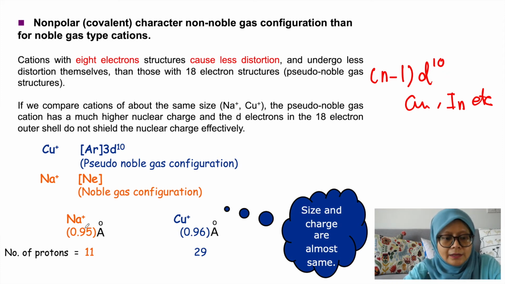As you can see from these values of the size, sodium has 0.95 angstrom, while copper plus is 0.96 angstrom. The number of protons of sodium is 11, while for copper it is 29, and size and charge are almost the same.